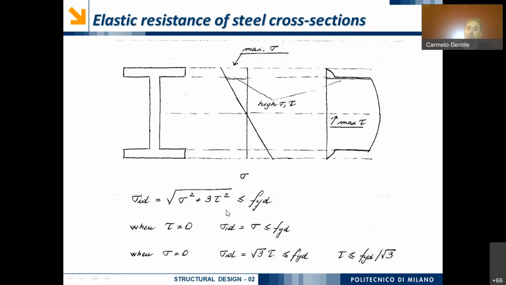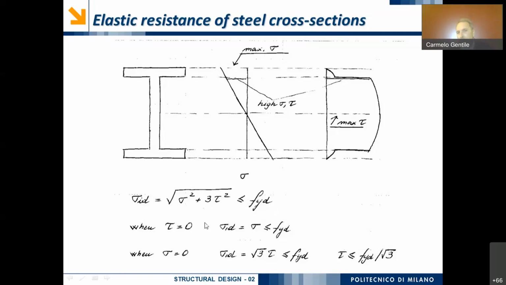And of course, this value should not exceed the value of the yielding stress, what is established, what is written in the standard code. This Fy, this yielding value, will be the design value, which is specified by the standard code.